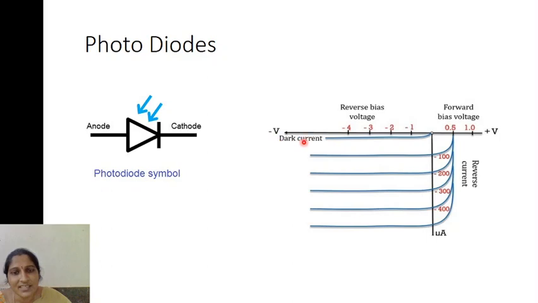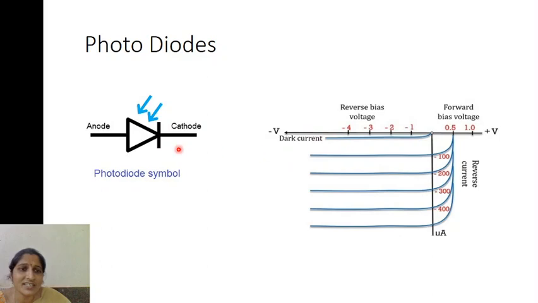In the dark, that is whenever there is no light, there is no significant current flowing in the circuit. It has only a small amount of voltage and a small amount of current. This is the dark current. It indicates that there is no light falling on the diode. So a photodiode absorbs light and acts as a conducting material.